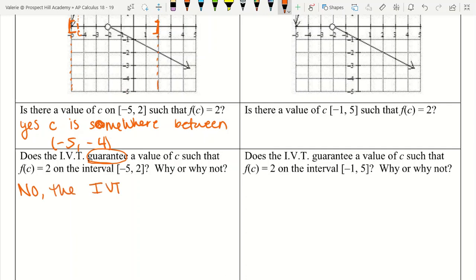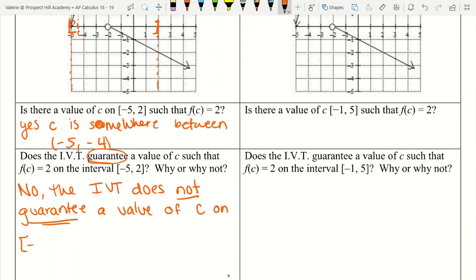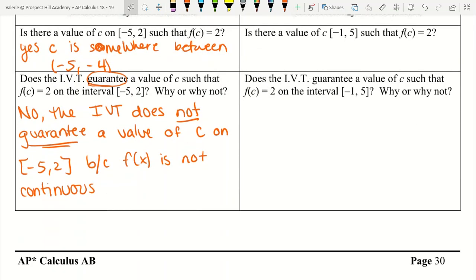the IVT does not guarantee a value of c on the interval -5 to 2 because f of x is not continuous on that interval.